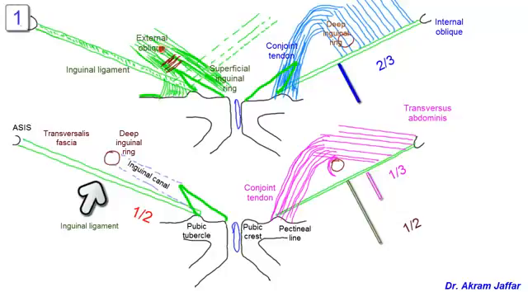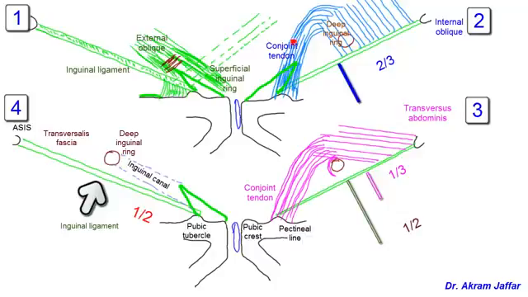Just to remind you, this is the most superficial diagram showing the superficial inguinal ring and the aponeurosis of external oblique, and this is the deepest level of the diagram, which shows the transversalis fascia and the deep inguinal ring, and then this deepest layer is covered by another layer of the transversus abdominis muscle, and then another layer of the internal oblique muscle, and returning back to the most superficial layer, which is formed by the external oblique muscle and its aponeurosis.